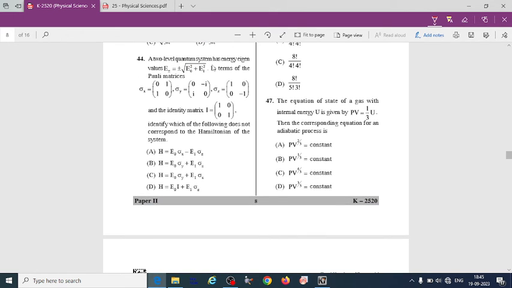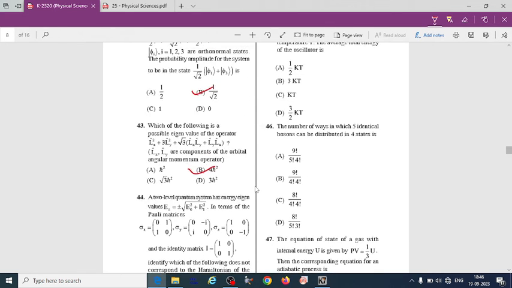A two-level quantum system has energy eigenvalues, expressed in terms of the Pauli matrices. Option D is correct: E naught I plus E1 sigma z.